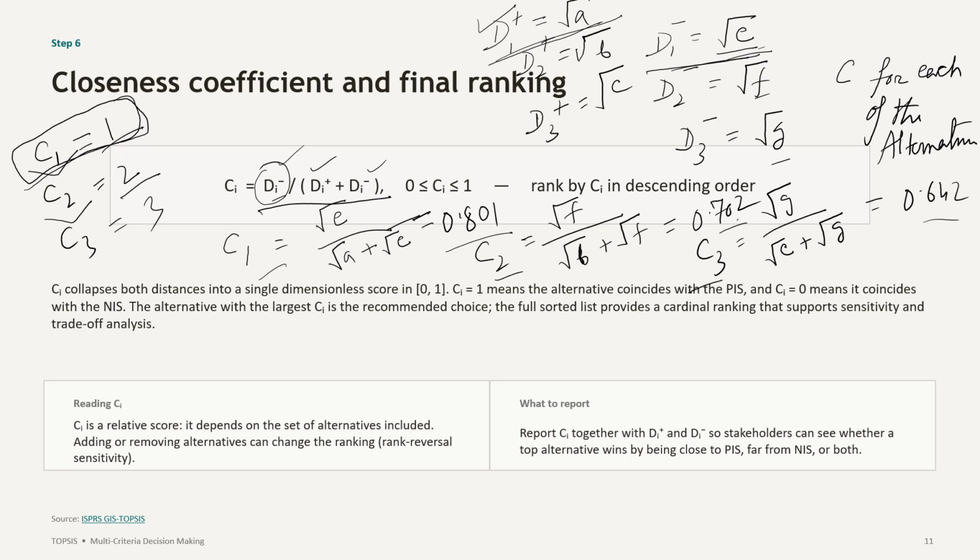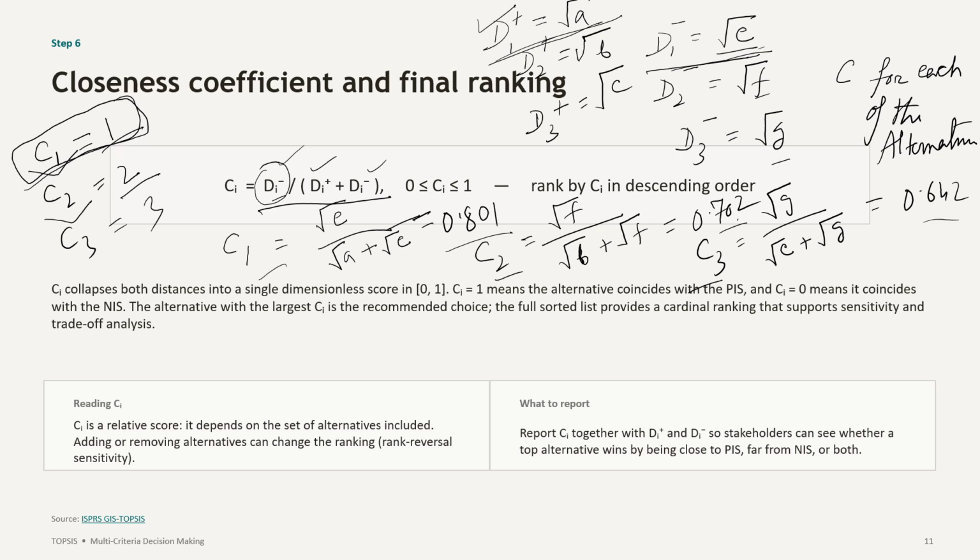And you will deduct this PIS, or positive ideal solution, from each of the values of alternatives with respect to C1, then square them, and then you add the same thing, the deduction of the positive ideal solution and squaring of that deducted value, for C2.